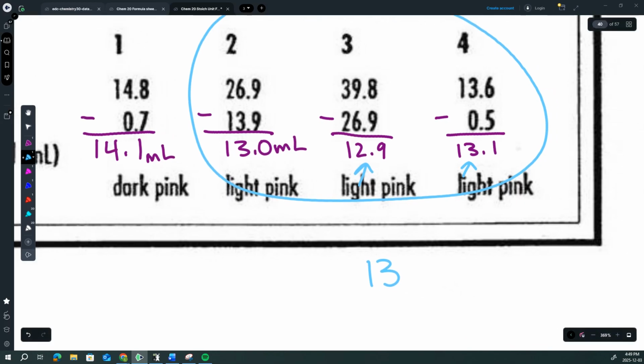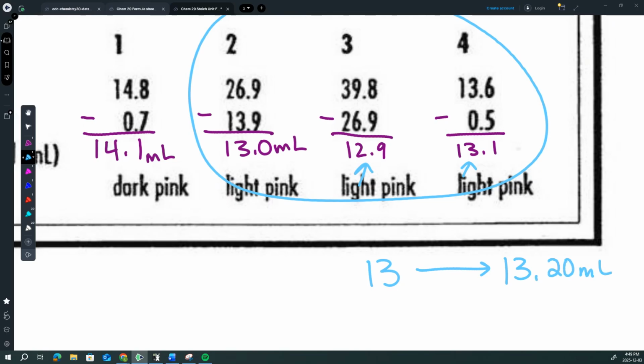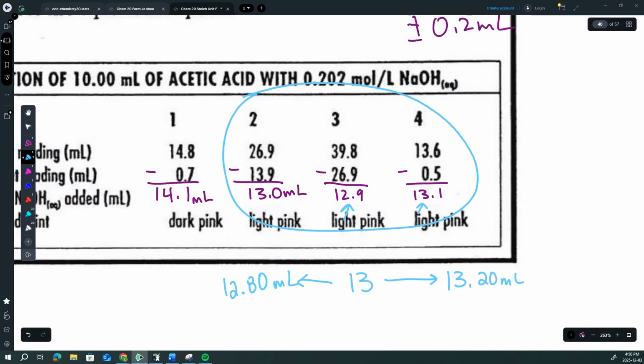Just so that you're aware, we could accept any numbers between 13.20 down to 12.80. So that's our range of acceptable answers that we can keep in our calculation.